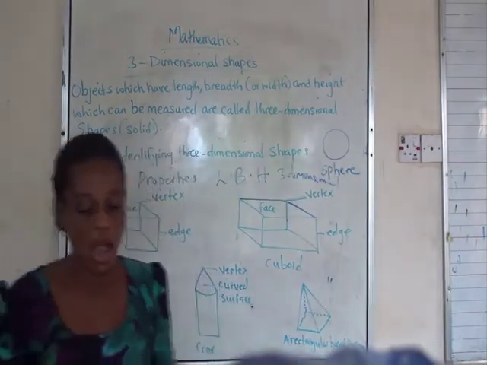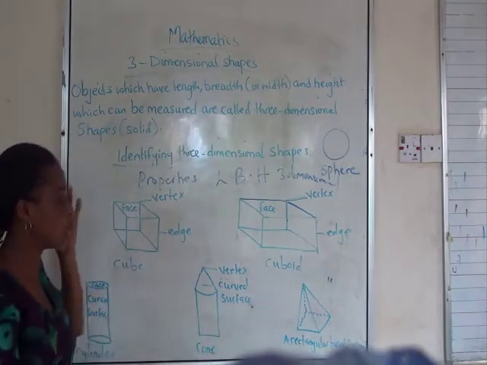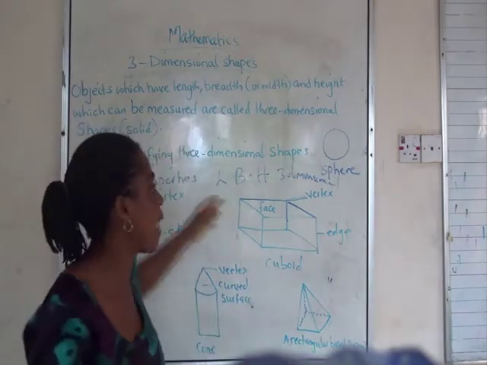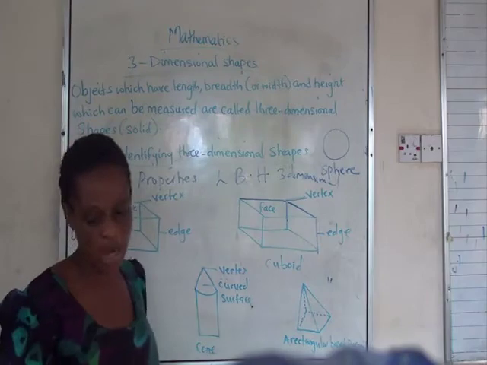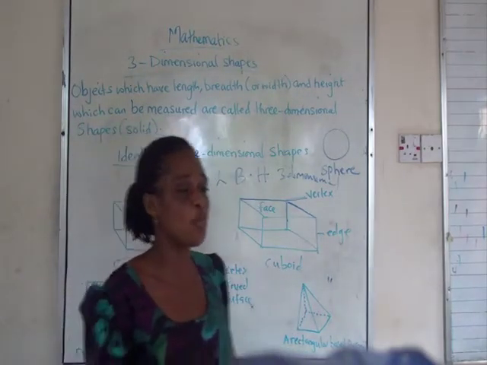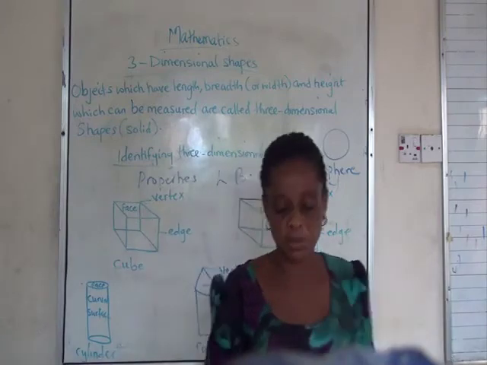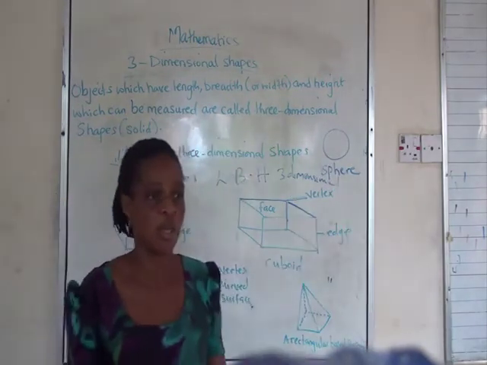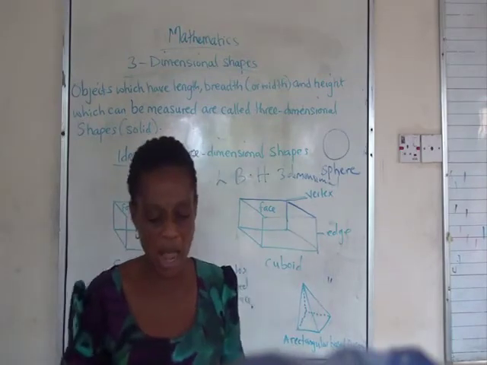And I told you how you can identify 3-dimensional shapes: things that you can see in the classroom. The blackboard is a 3-dimensional shape. The duster is a 3-dimensional shape. The bathing soap you use is a 3-dimensional shape. Your mommy's stove is a 3-dimensional shape.